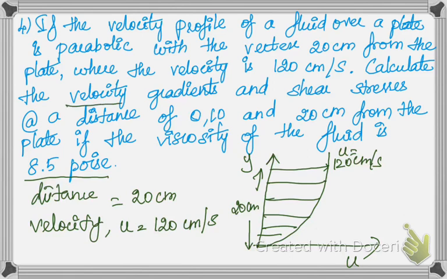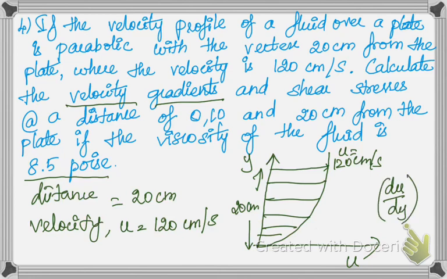Now what is asked in the problem? Calculate the velocity gradients and shear stresses at a distance of 0, 10 and 20 centimeter from the plate. So they have given one profile and we have to calculate the different shear stresses and also the different velocity gradients. So velocity gradient is du by dy.